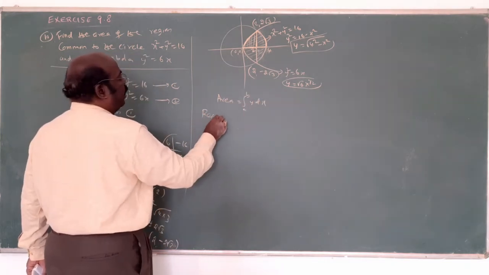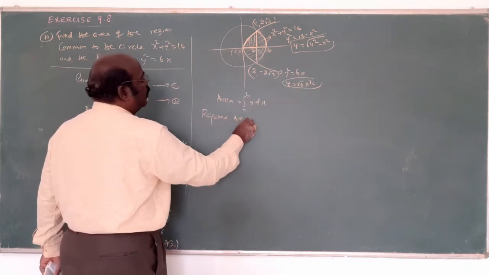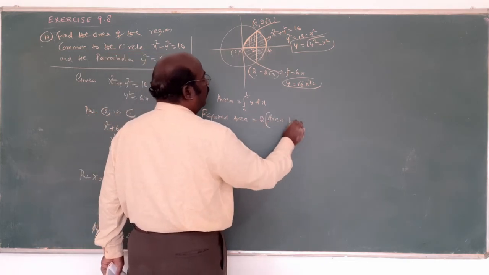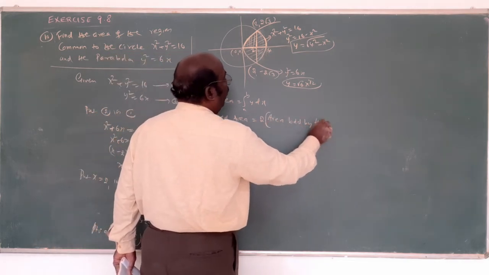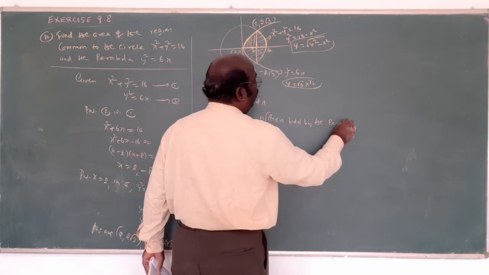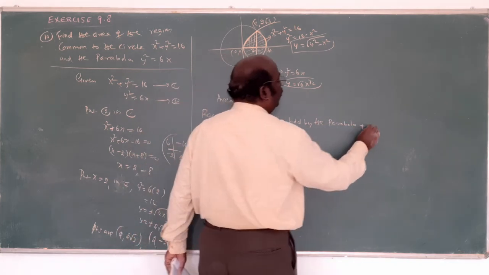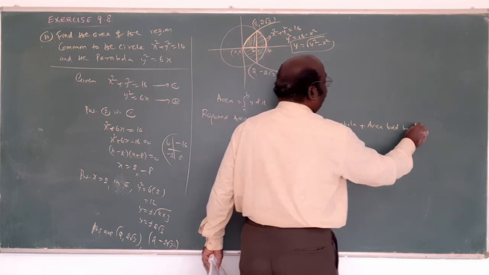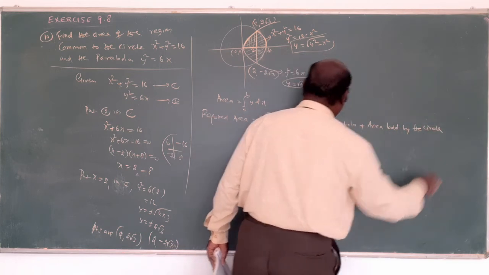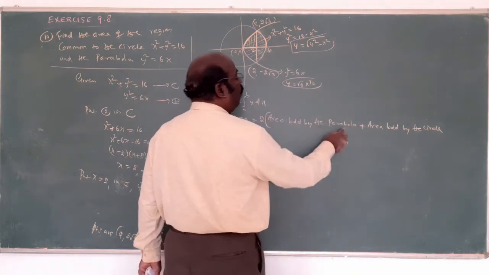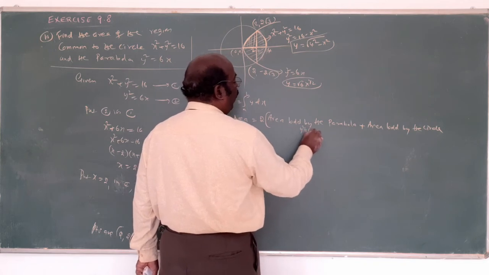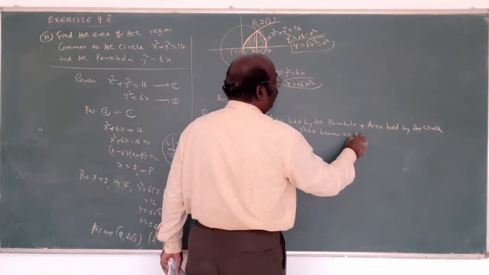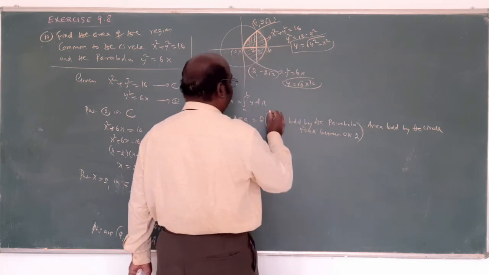Now the required area equals 2 times the area bounded by the parabola, plus the area bounded by the circle. Am I right? Area bounded by the parabola y square equals 6x between 0 and 2, plus 1. Am I right?